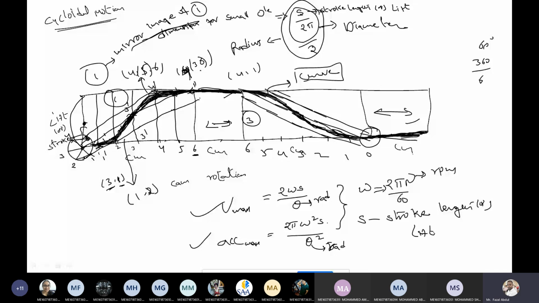Students are asking questions. Okay, any doubts regarding this diagram, Babu? Otherwise, we will move to the next one. We have one problem.